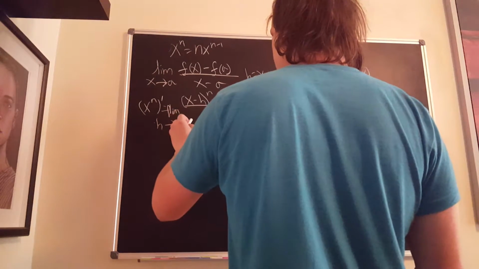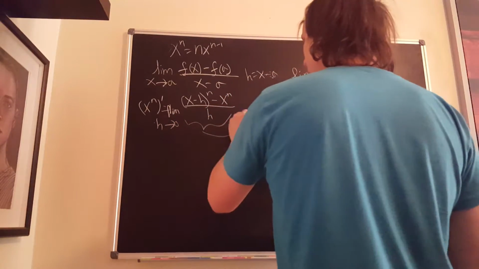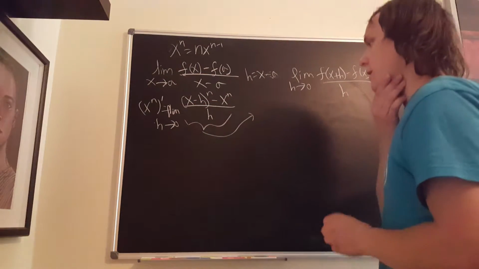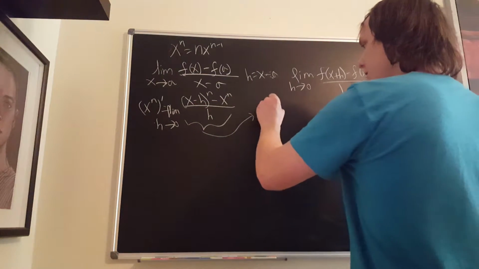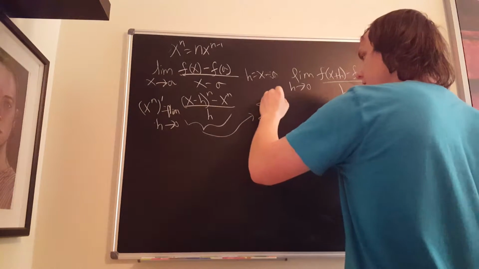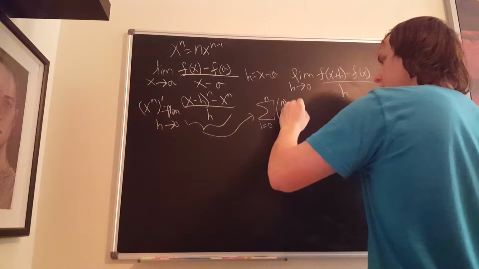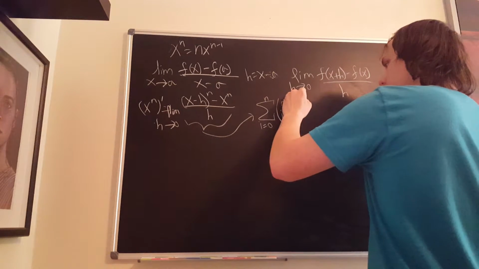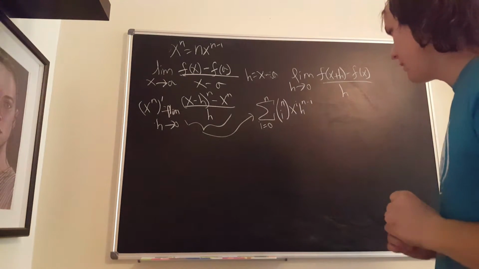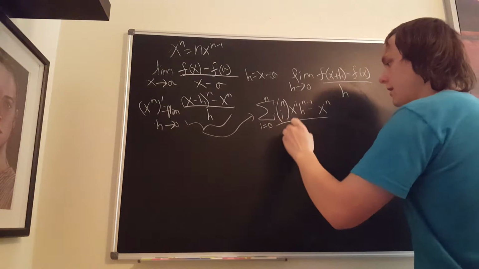Okay, so the first thing we are going to do is just take this apart here. We are going to use a binomial expansion for x plus h to the n, which gives us the sum from i equals 0 to n of n choose i, x to the i, h to the n minus i, minus x to the n divided by h.